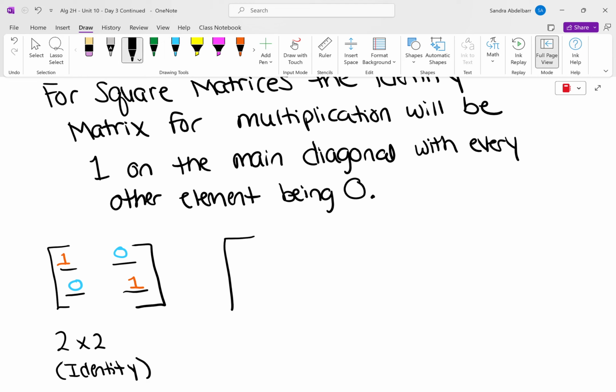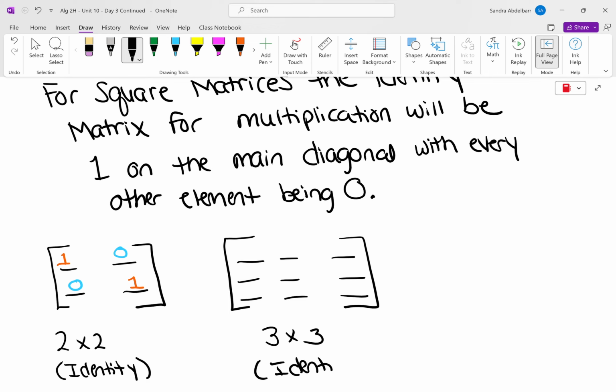What if we have a 3 by 3? So we have the 3 by 3 identity. We are going to start at the upper left, and on that main diagonal, working its way down from the upper left, will be 1s. Everything else will be a 0.